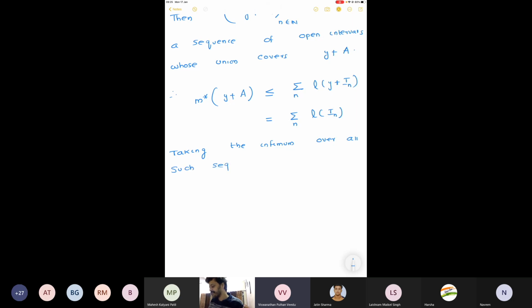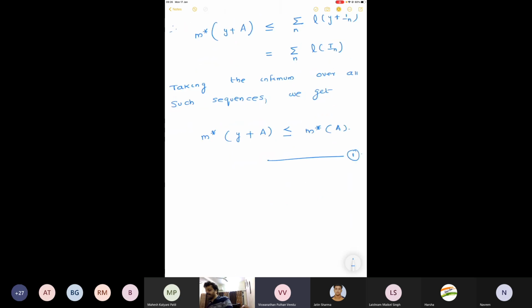We get M star of y plus A is less than or equal to the infimum of such quantities, which is M star of A. Let me name it as 1.